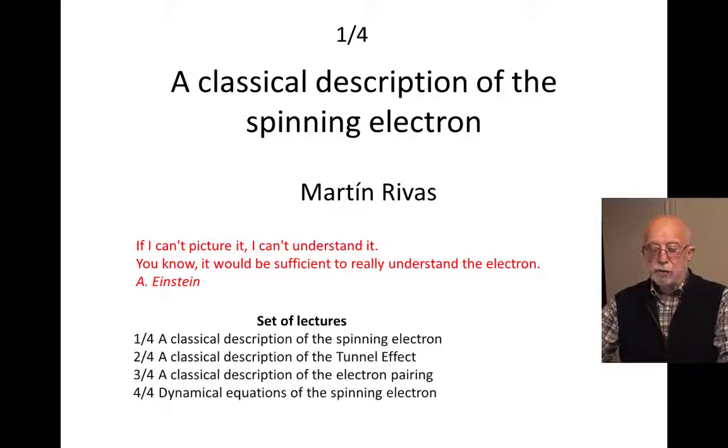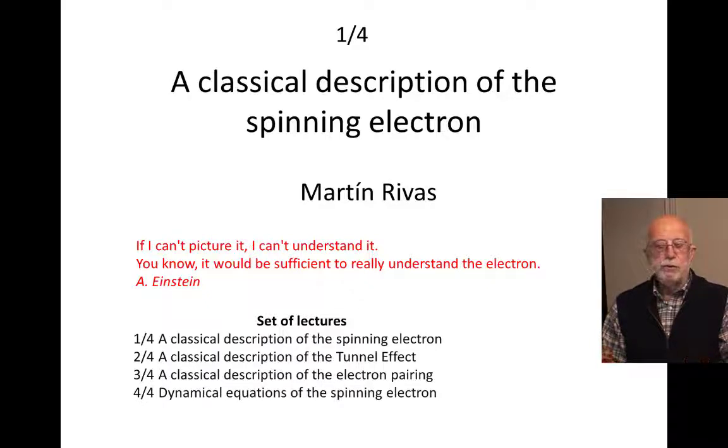The remaining lectures are these. The first one is this one. The second lecture is devoted to the analysis of the tunnel effect. Quantum mechanics books say that tunneling is a pure quantum mechanical effect without classical interpretation.